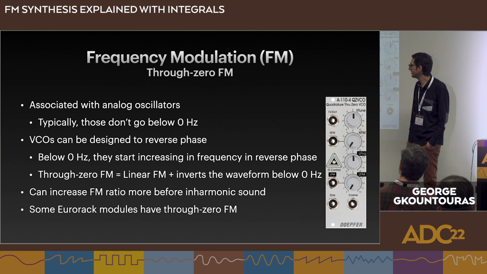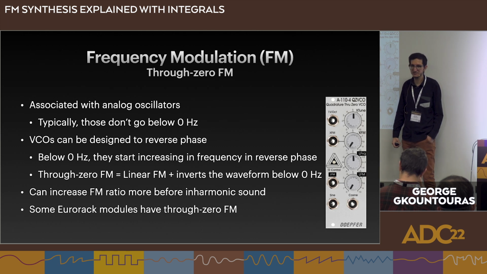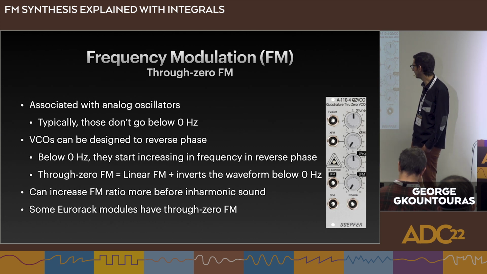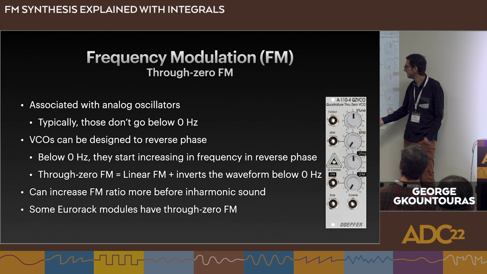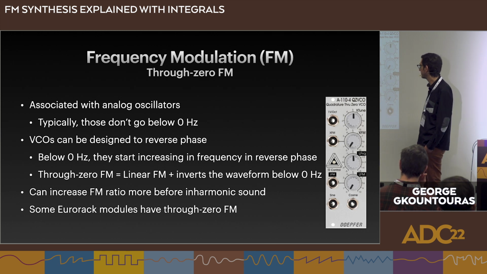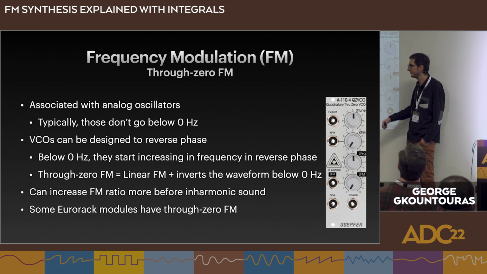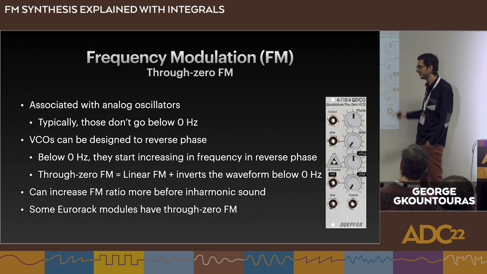There are some VCOs that are designed to reverse phase. Usually they're found in Eurorack modules. What happens is when they go below 0 Hertz, they increase frequency in reverse, so the waveform flips around.